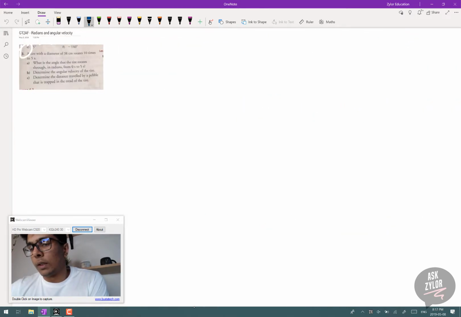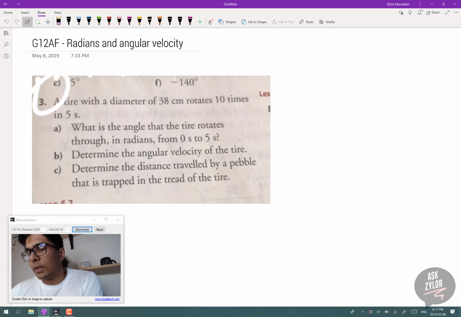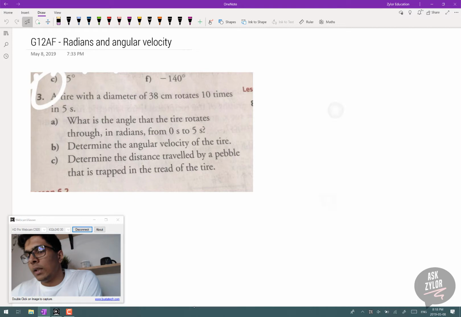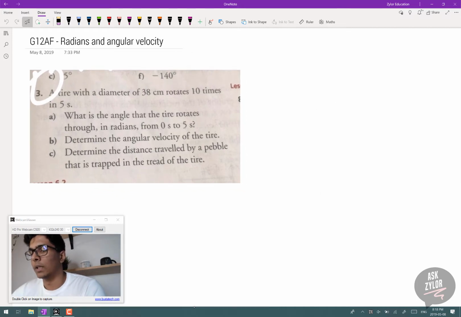So the next question is a grade 12 advanced functions, so it's dealing with radians and angular velocity. So it's telling us a tire with a diameter of 38 centimeters rotates 10 times in 5 seconds. What's the angle that the tire rotates through in radians from 0 to 5 seconds?